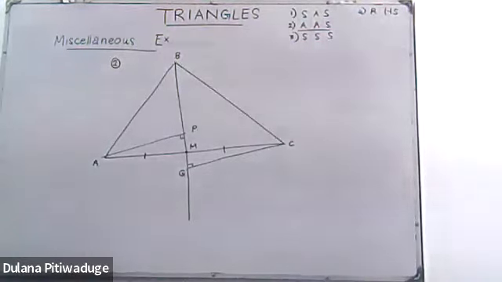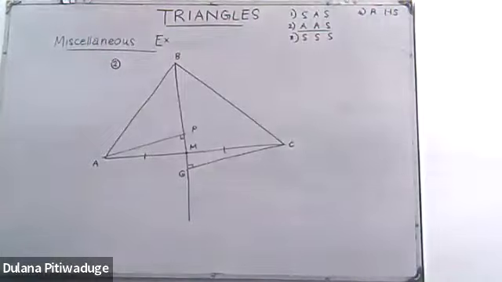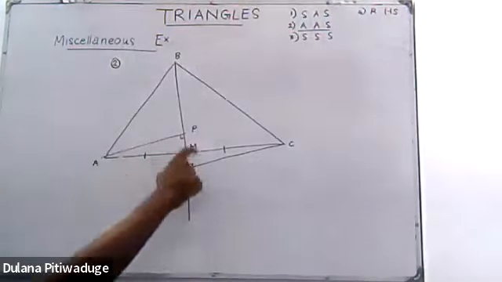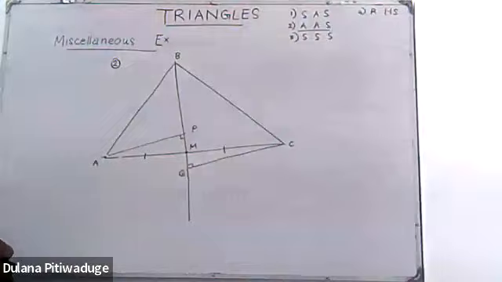Show that the triangle AMP is congruent to triangle CMQ. The points are not given in the question, but they are given in the figure. They have asked us to show that this triangle over here is congruent with this triangle over here.